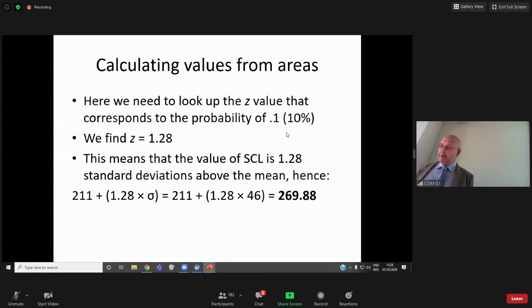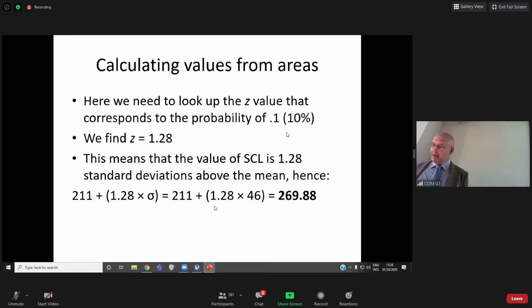And what we need to do then is multiply 1.28 by our standard deviation and add it to the mean, which was 211. So we get 1.28 times 46. It's important to use the brackets here.